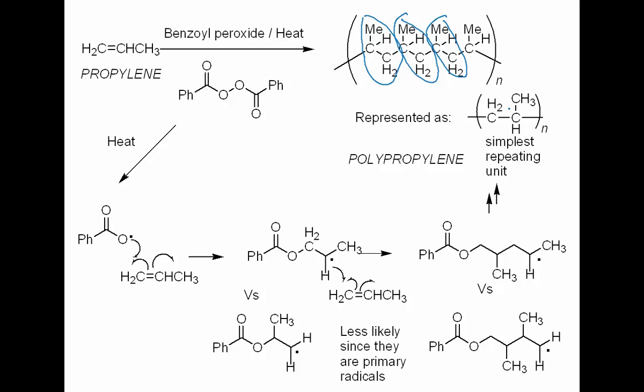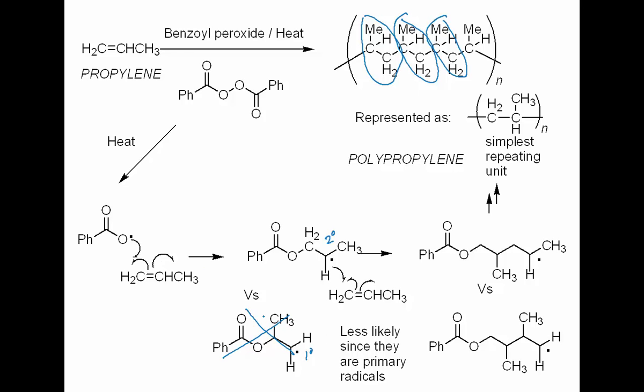Okay, so how does polypropylene achieve that structure? The polymerization reaction is exactly the same as the other one, except that when we add this one, we have a choice of 2 radicals. This is a secondary radical. When we add it to the end, and we generate the radical at the secondary position, we can add the oxygen to the middle, and this gives us a primary radical.